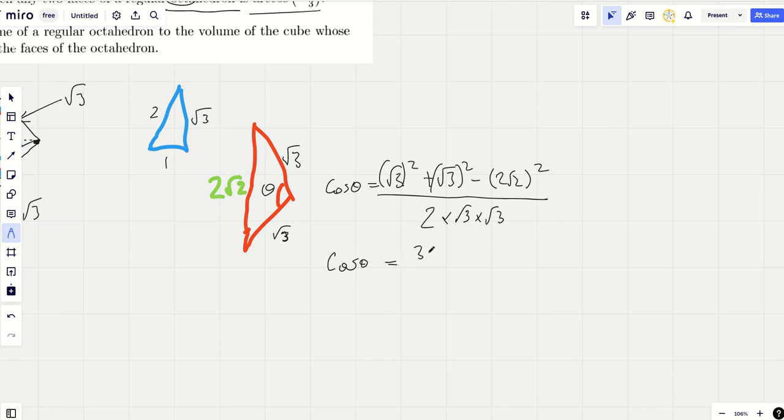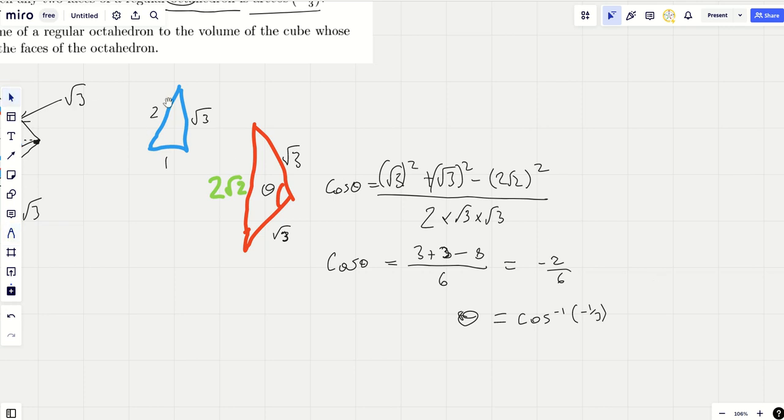We get 3 plus 3 minus 8. 2 squared is 4 times root 2 times root 2, so that's 8. On the bottom we're going to have 6, root 3 times root 3 times 2. And so we end up with minus 2 over 6, and so theta is inverse cos of minus a third, just as they told me it would be.